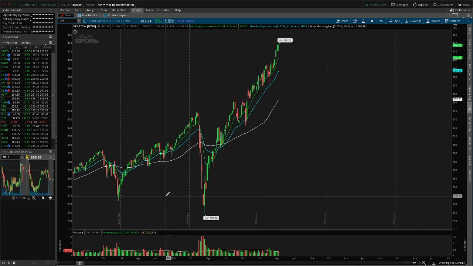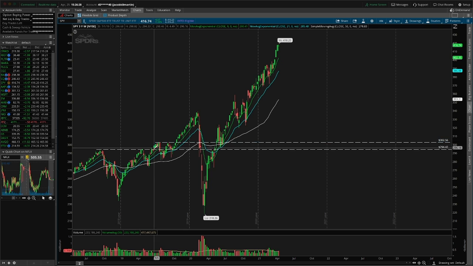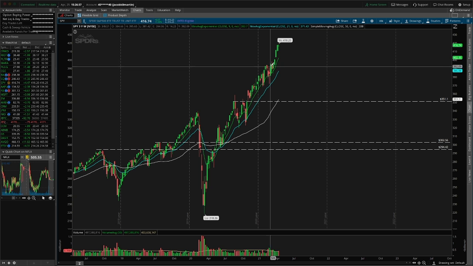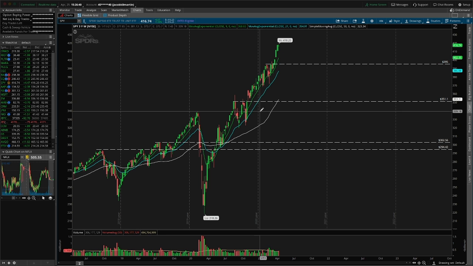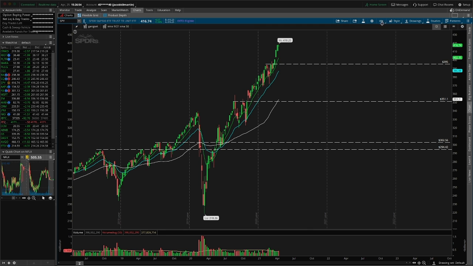So I'm going to start with the price levels, and you want to make a price level where you basically see reversals in price, where you see kind of a theme of price getting rejected, or price supported, or where price is holding a support level. Those are all things you're looking for.